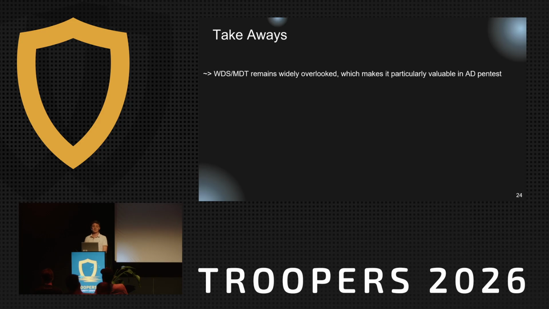WDS and MDT remain widely overlooked, which makes them particularly valuable in AD pentests. They frequently expose credentials that can be accessed through multiple protocols. In my case it was SMB, but you can also do that through TFTP if you have no network segmentation.